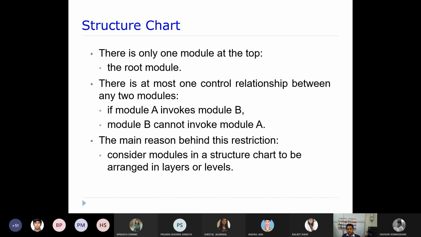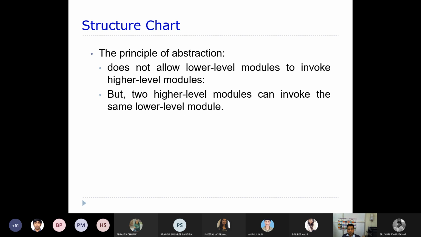A is calling B, which means B is not going to call A. Always the higher level modules can invoke the lower level modules, but the lower level modules will not invoke the higher level modules.